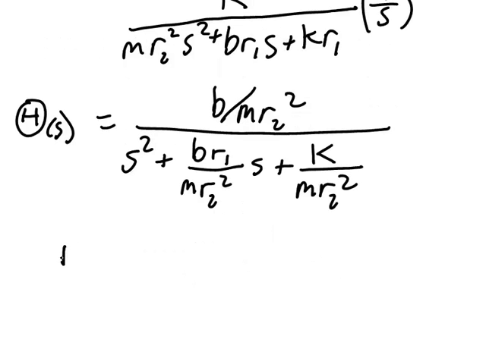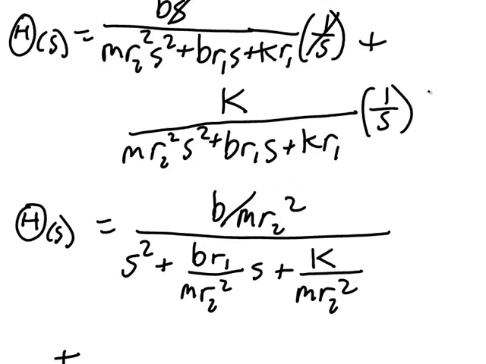I'm going to keep my second term here also, and in my second term I also need to get rid of this constant in front of the s in order to get this to match the table. So I'm also going to divide the numerator and the denominator by m r2 squared for the second term.